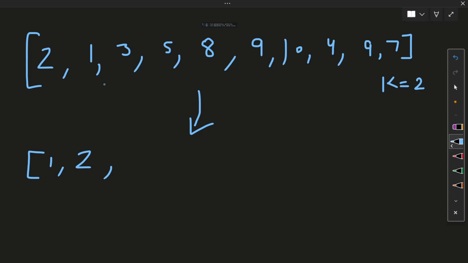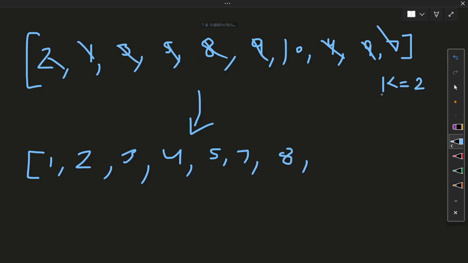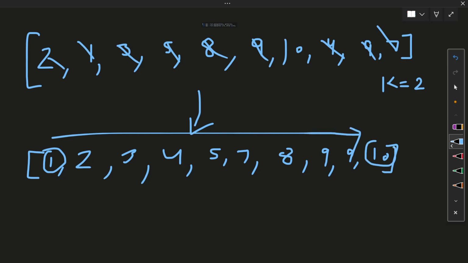We got 1, 2, 3 only once, 4, 5, 7, 8, 9 two times, and 10 one time. Let's suppose we increment each and every element by k.